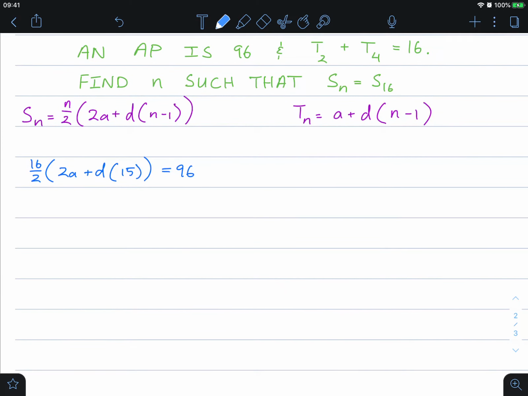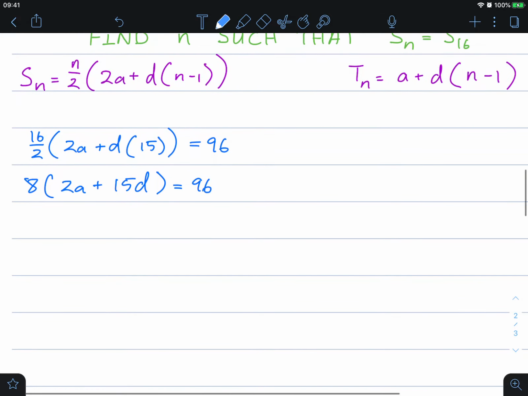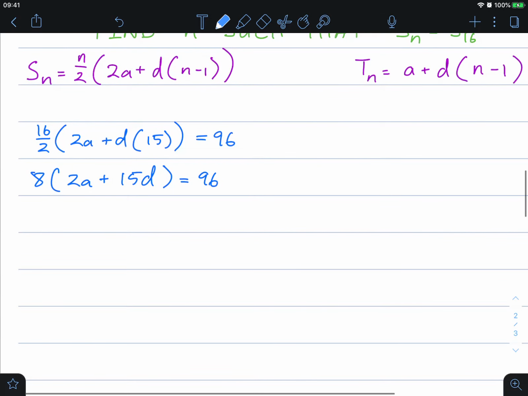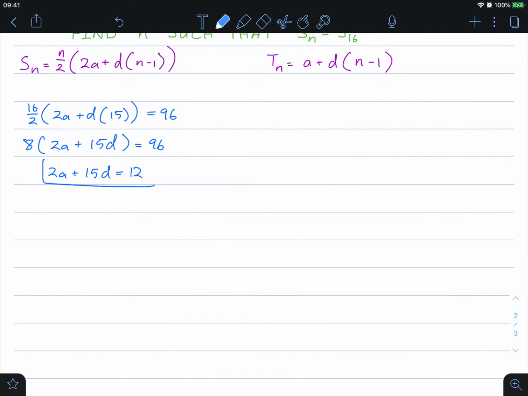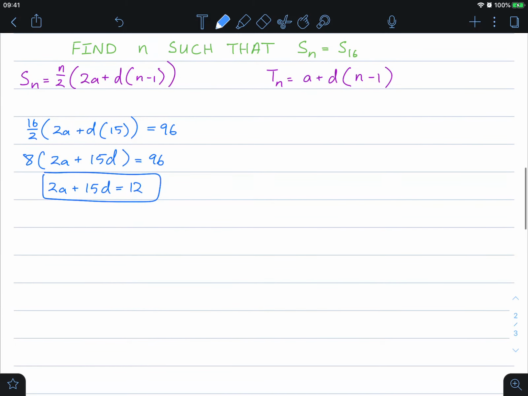Simplifying this, 16 divided by 2 is 8. So it's 8 times 2a plus 15d is equal to 96. Simplifying this further, I'm going to divide both sides by 8. Gives us 2a plus 15d equals 12. This is going to be one expression we're going to be using.